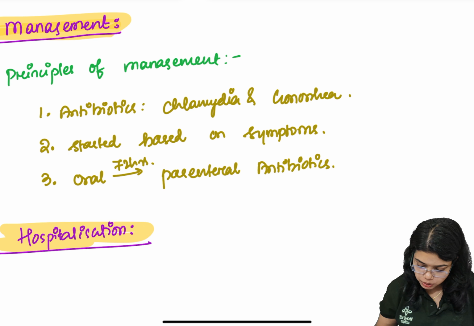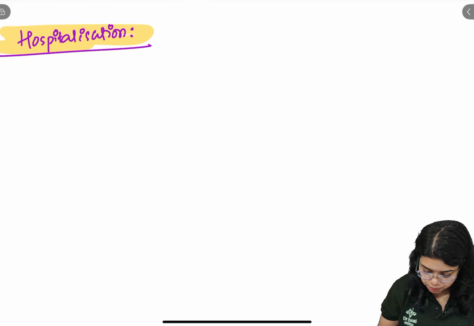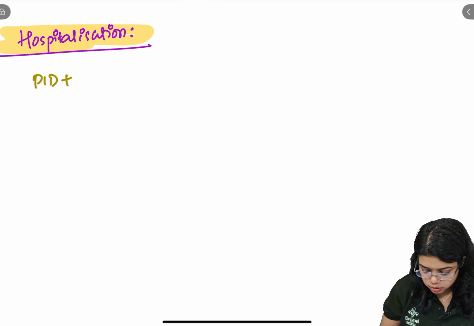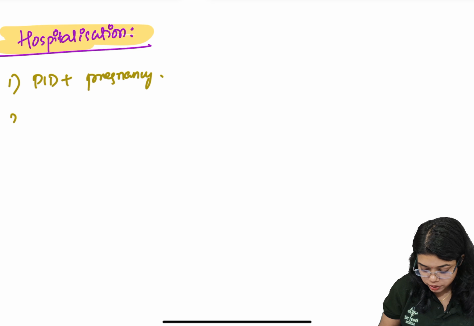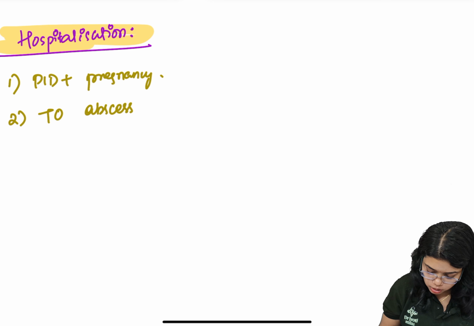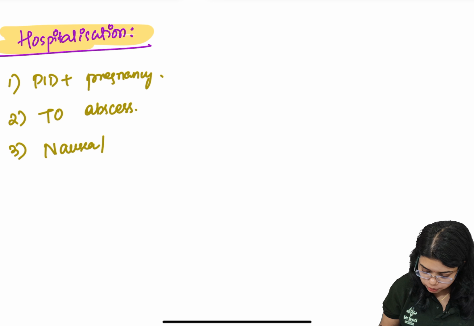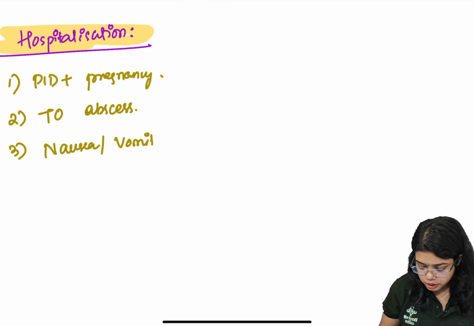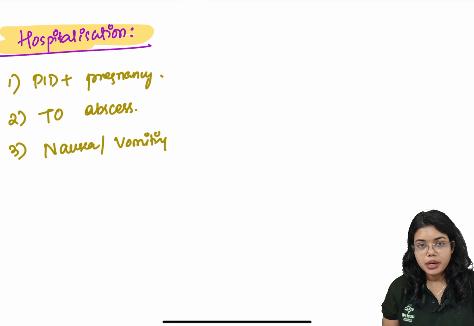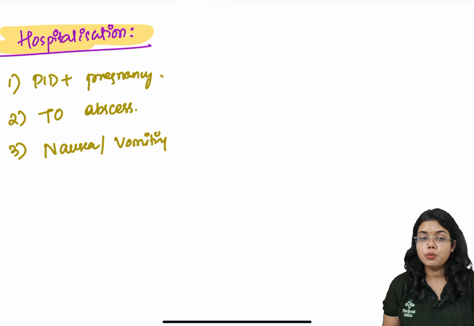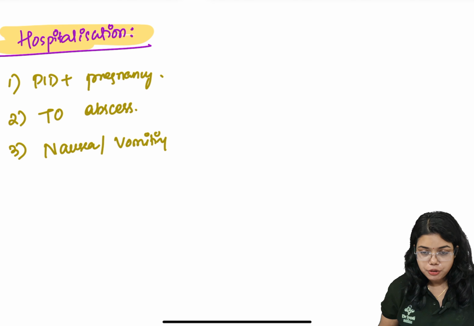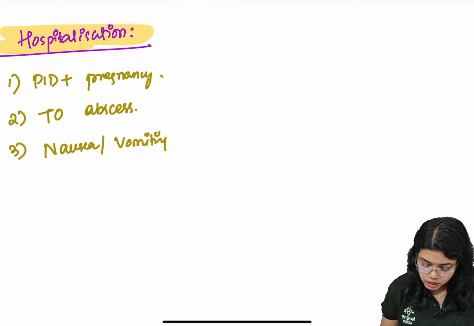We hospitalize patients if PID with pregnancy, if there is presence of tubo-ovarian abscess, and if there is continuous nausea and vomiting, so that the patient cannot take the oral antibiotics. So we have to admit and give the injectables.